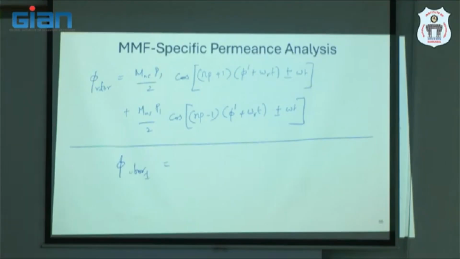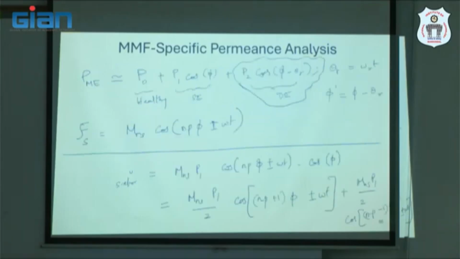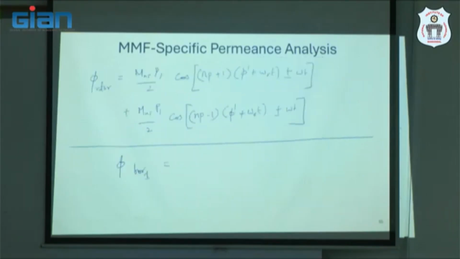So I have to take this and multiply it with phi minus theta r. What is phi minus theta r? It's phi dash, right? So I can say minus p1 by 2 cos (np plus 1) phi dash plus omega t, plus or minus omega t, multiplied with p2 cos phi dash.